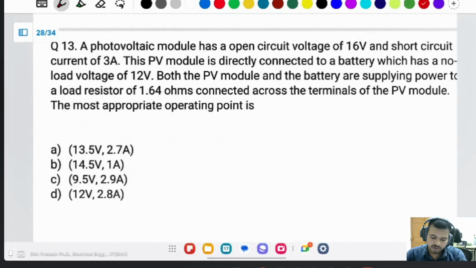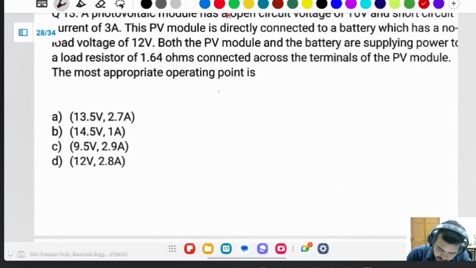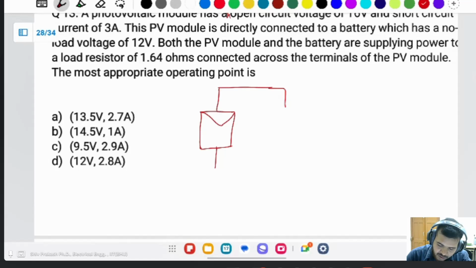A photovoltaic module has an open circuit voltage of 16 volt and short circuit current of 3 amperes. Same, I think. Both the PV model and battery are supplying power to a load resistance of 1.64 ohm. It means it looks like a PV panel and there is a battery.